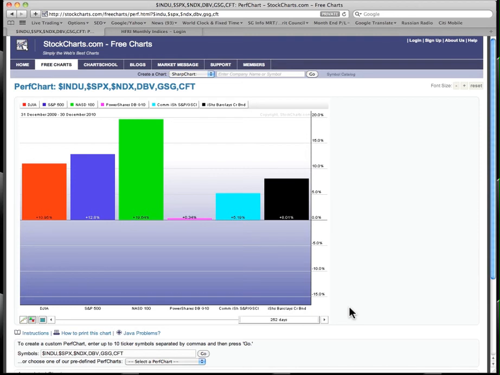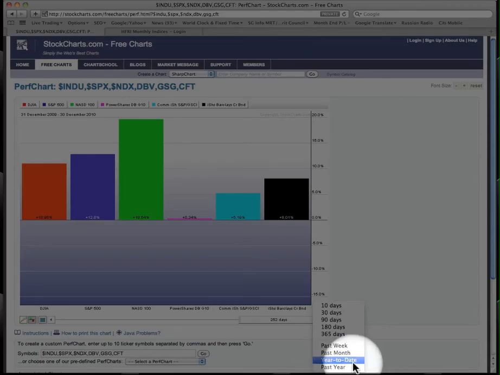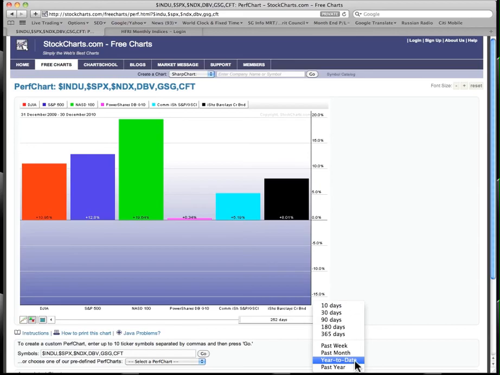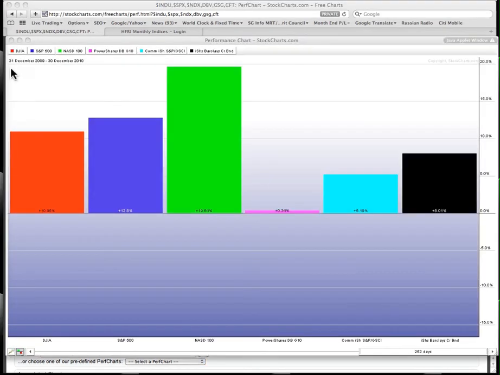As the portfolio was structured using traded products from multiple asset classes, I'm going to benchmark its relative performance against indexes across equities, currencies, commodities, and bonds. I've selected year to date as the period for comparison using the perf chart at stockcharts.com.